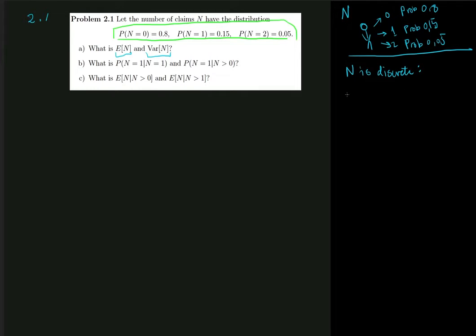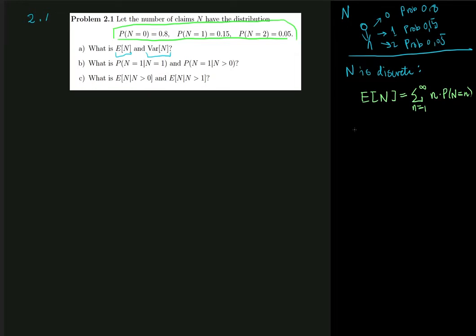So the definitions give us the following: the mean of n is given by the sum from 1 to infinity of the value n multiplied by the point probability Pn, which is the same as saying the probability of n being little n.